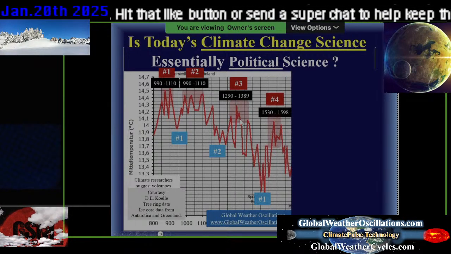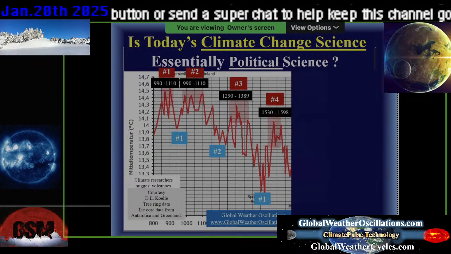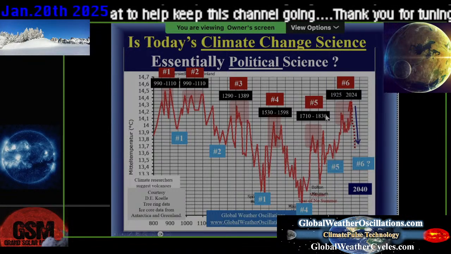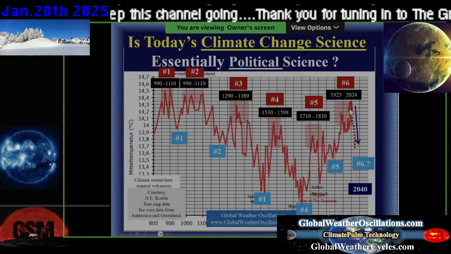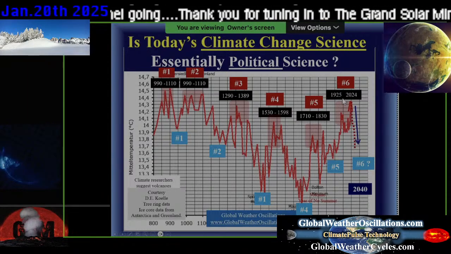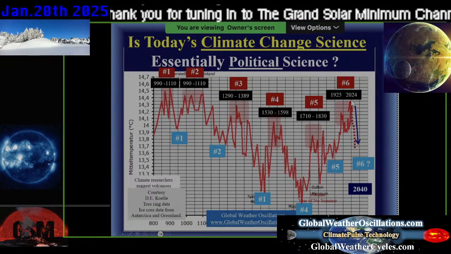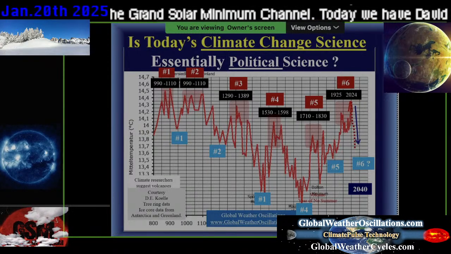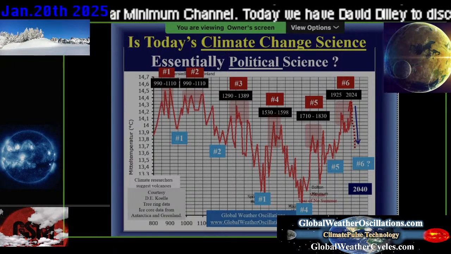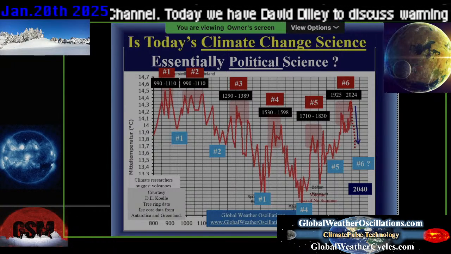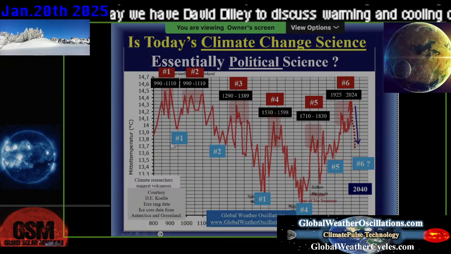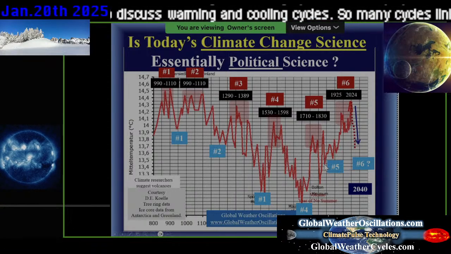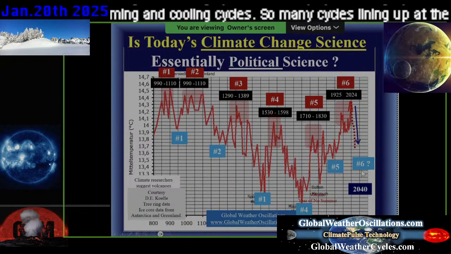Global warming cycle number four. Global warming cycle number five. And our current global warming cycle that we're in right now, number six. Again, about 1925, and it's right up through 2024. So we've had six global warming cycles during the past 1100 years, and we've had five global cooling cycles, and we're looking for number six.